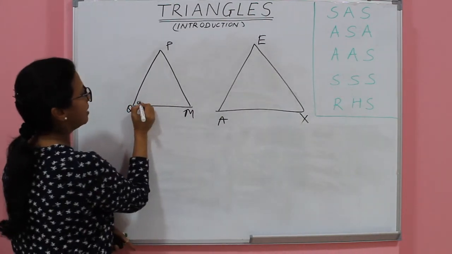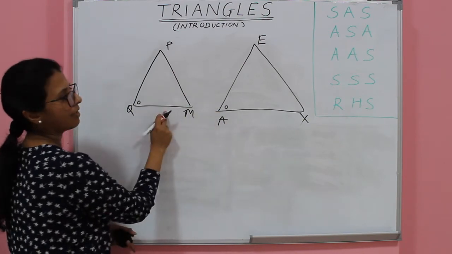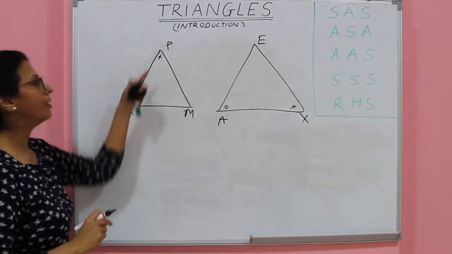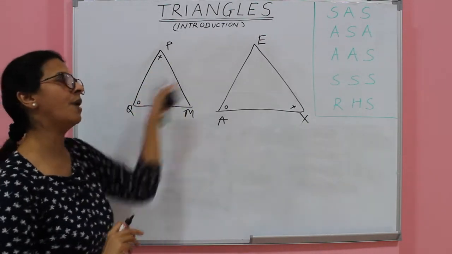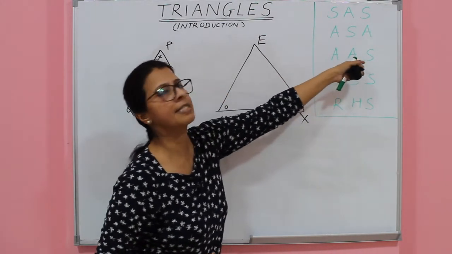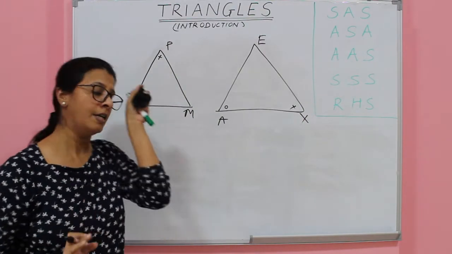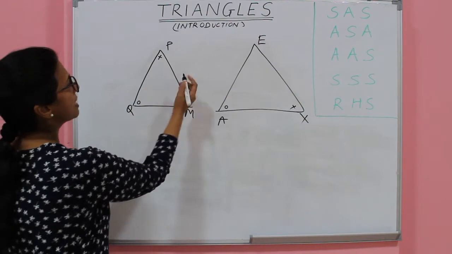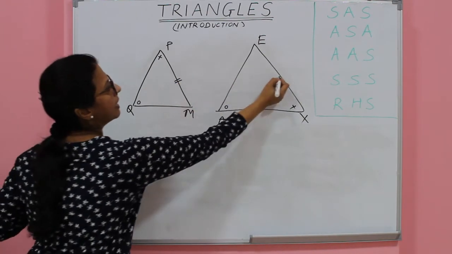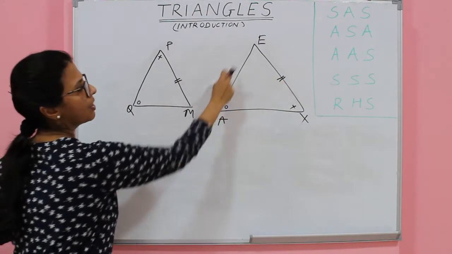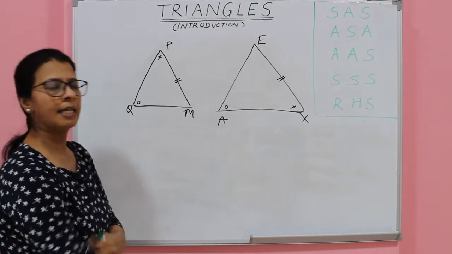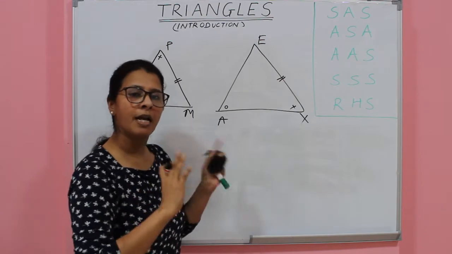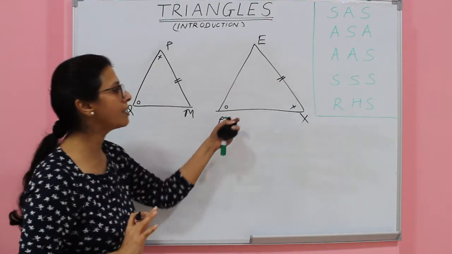If two angles are equal, suppose this angle is equal to this, any two angles are equal, and any side is equal, say PM is equal to EX. They are saying that even when any two angles and a side are equal, the two triangles are going to be congruent. Now how is it going to be congruent?